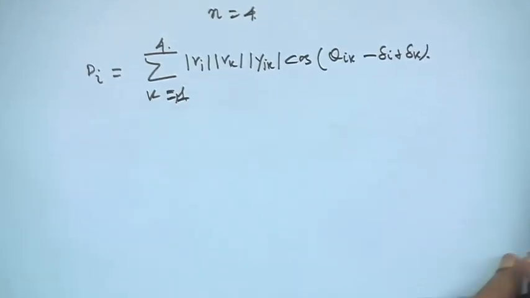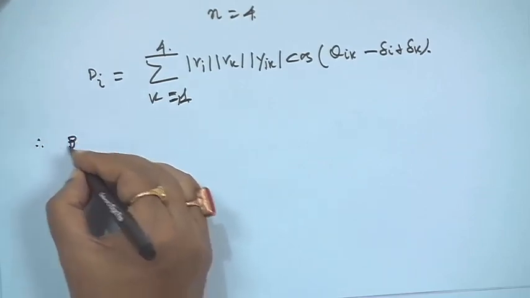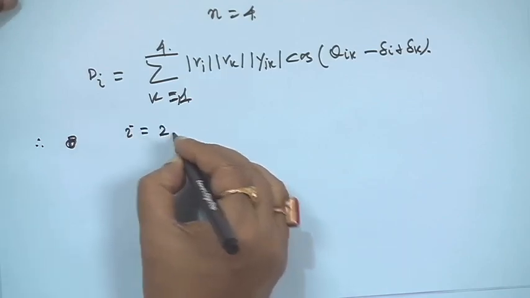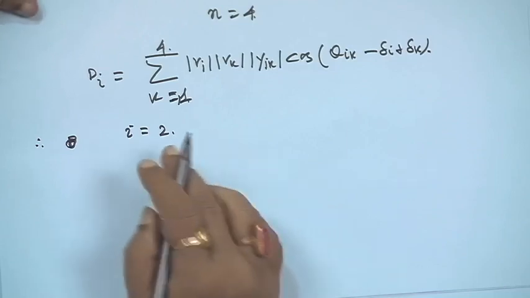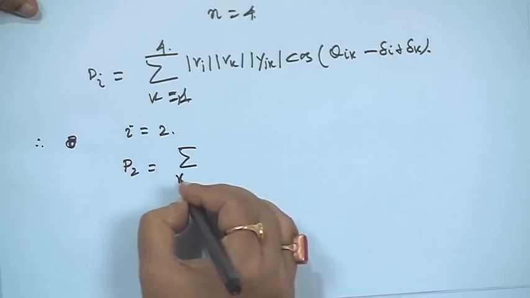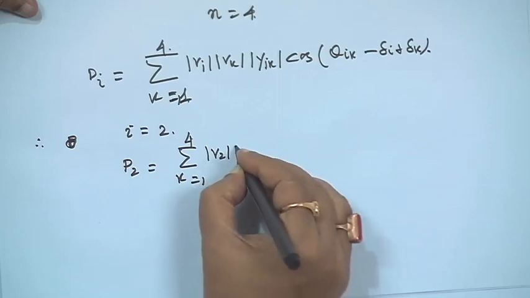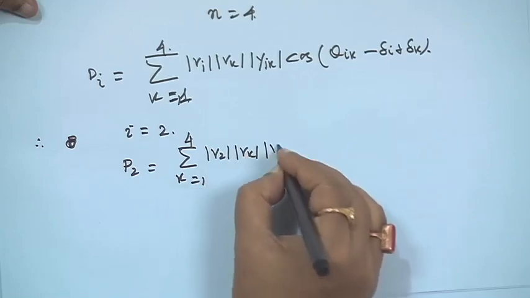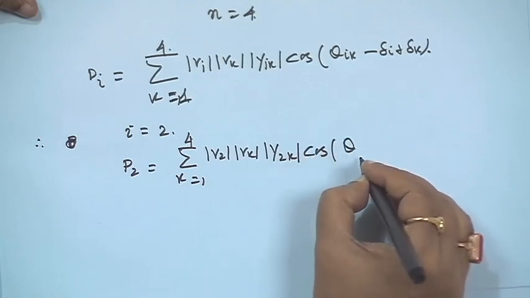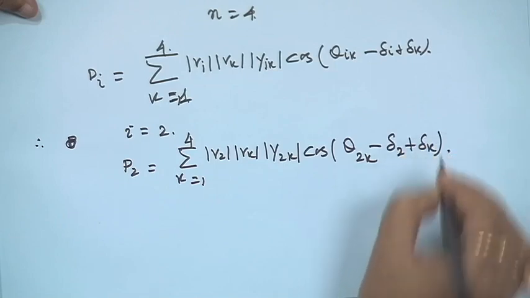Now, you expand. Say my i is equal to 2, because bus 1 is the slack bus. That means my P2 will be the summation over k is equal to 1 to 4 of V2, Vk, Y2k, cosine of theta 2k minus delta 2 plus delta k, right.